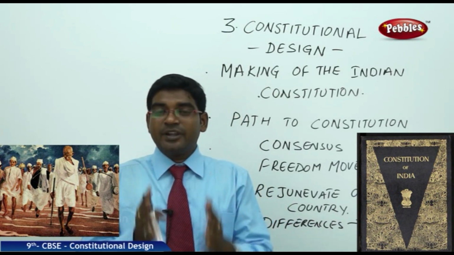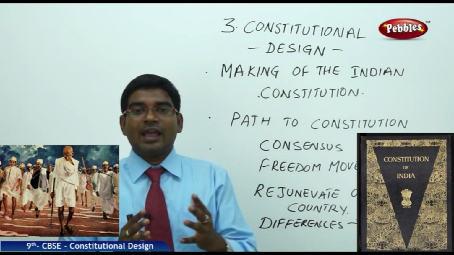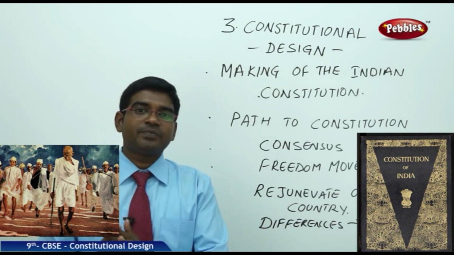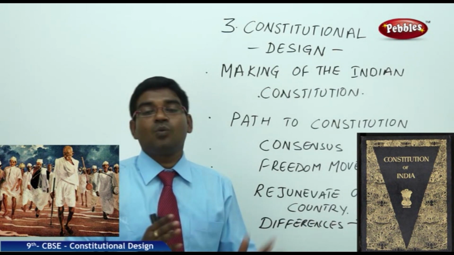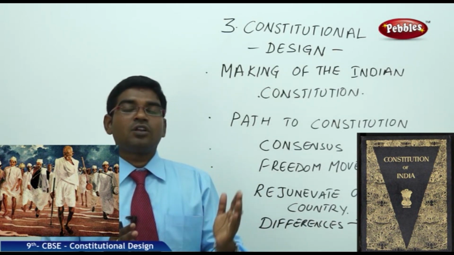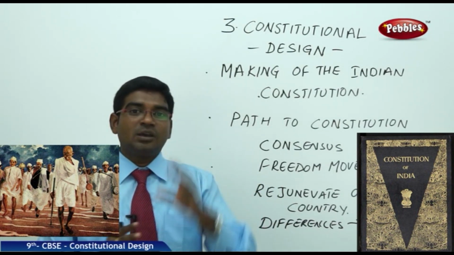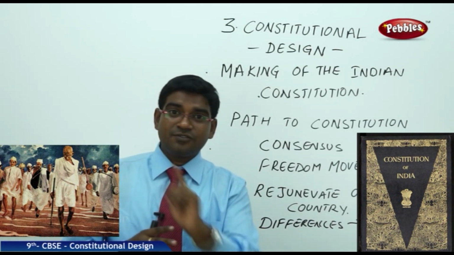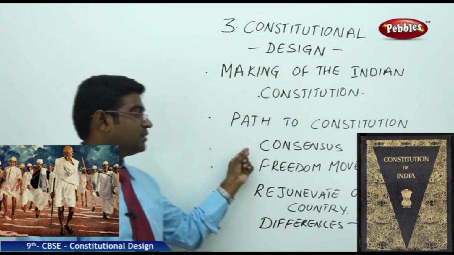So the Britishers in one way enlightened all the Indians to be what they have to be, and also showed what should not happen or what they should not face by following certain discriminatory policies. That is the first one when it comes to consensus.